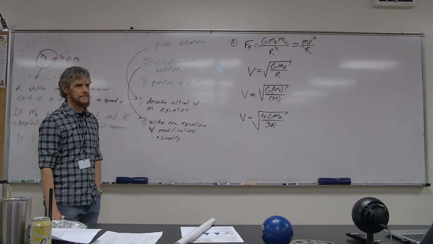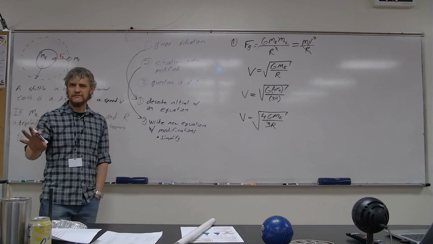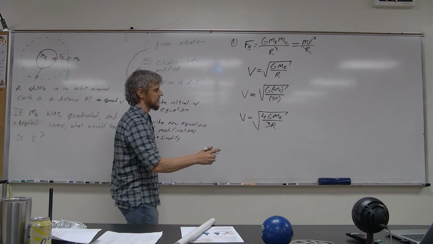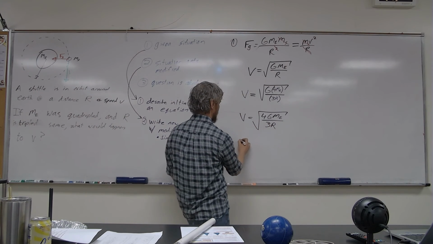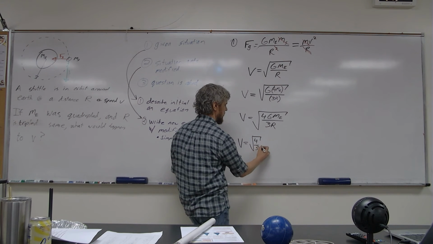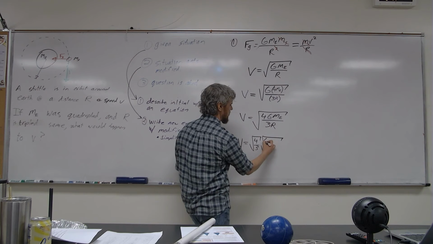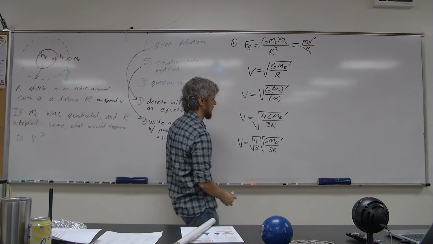You good with that? And then I'm going to do something, and hopefully you'll understand why. I'm going to rewrite this like this. V equals the square root of 4/3 times the square root of G times the mass of the Earth over R. Why did I do that?